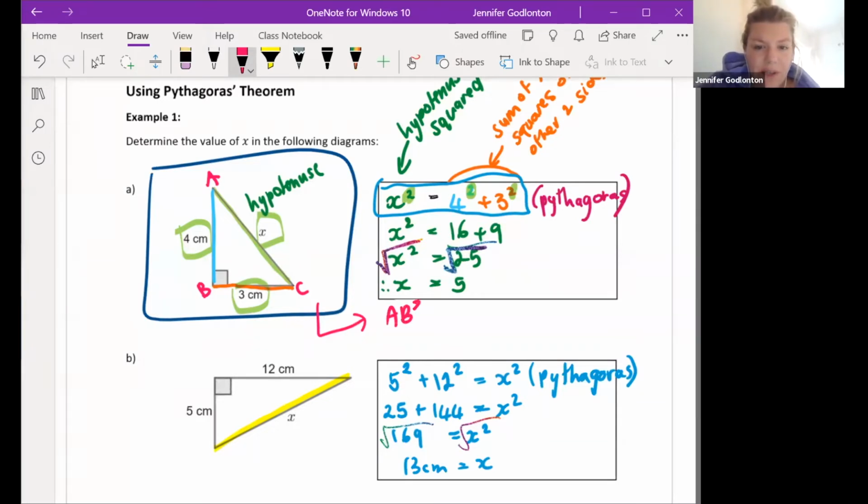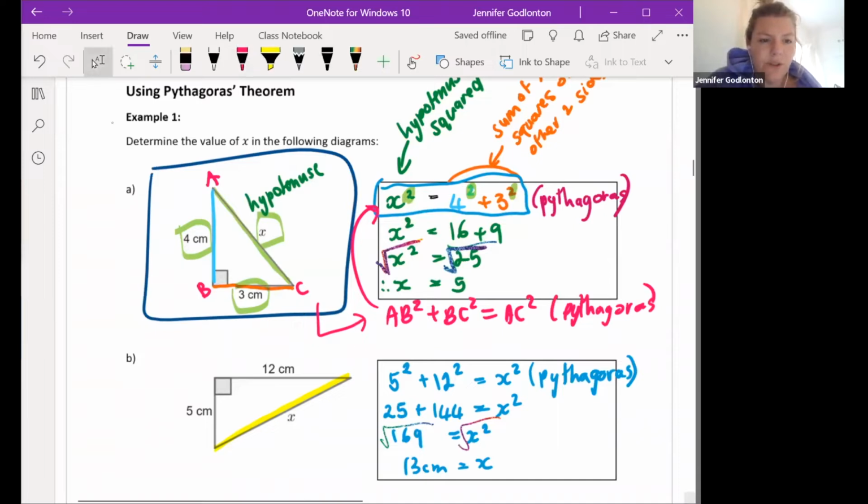So saying AB squared plus BC squared equals AC squared, Pythagoras. And then going into this line over here, totally fine to write that as a beginning line. It's not necessary as you move up in school, but if it's something that your school wants you to do, then please feel free to do it.